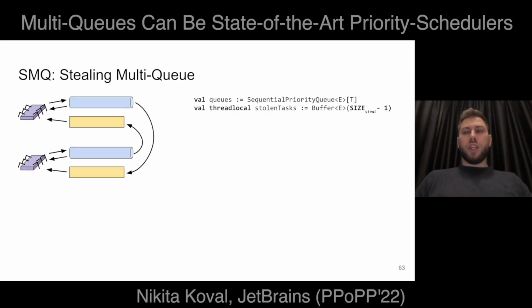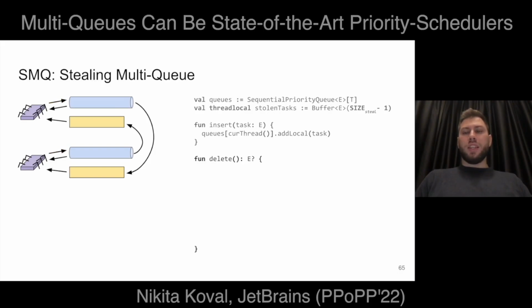Let's try to write a pseudocode. So we have an array of sequential priority queues, one queue per thread, and also thread local buffers for the stolen tasks. When we need to insert a new task, we always do this into the local queue.